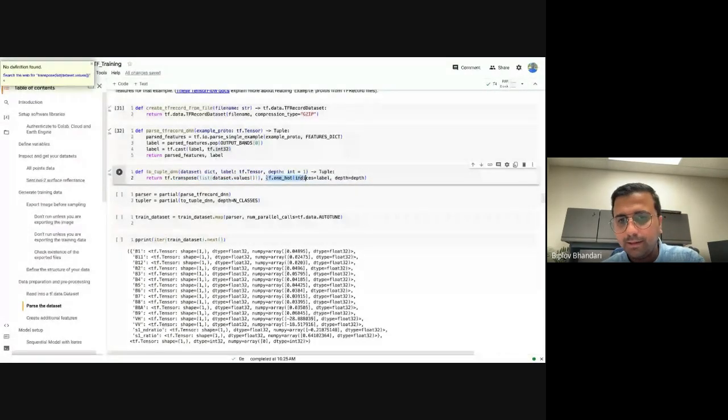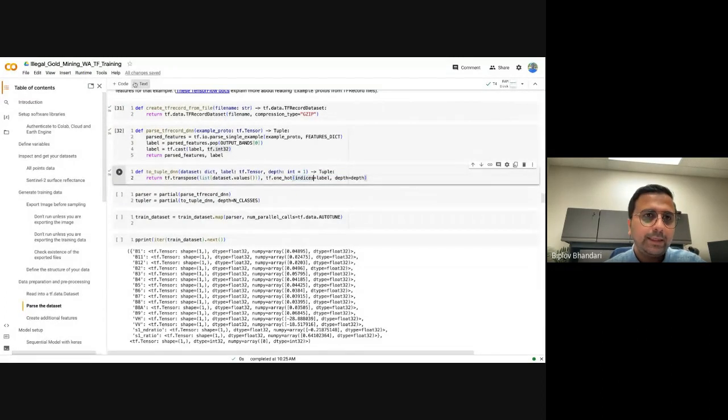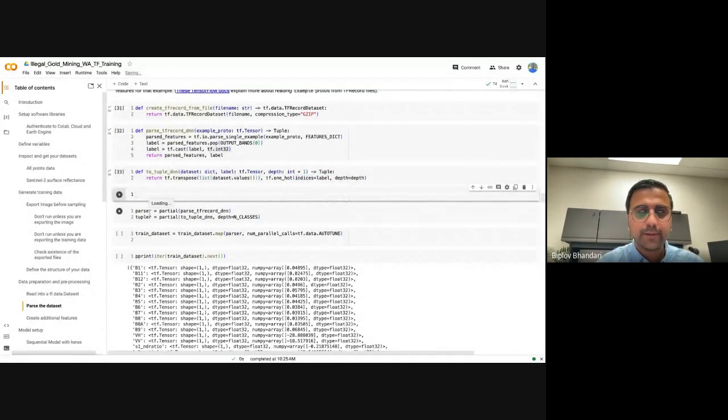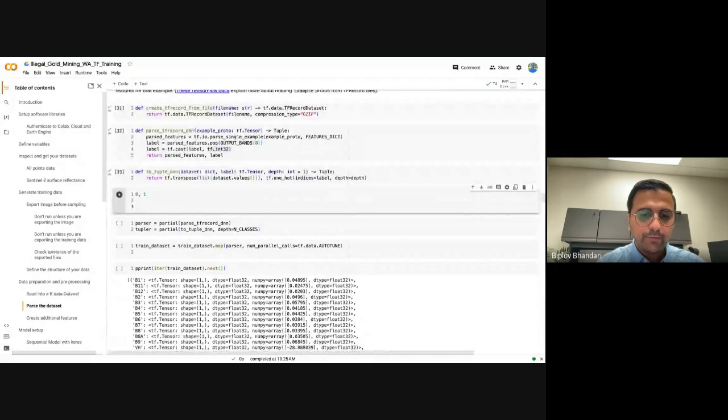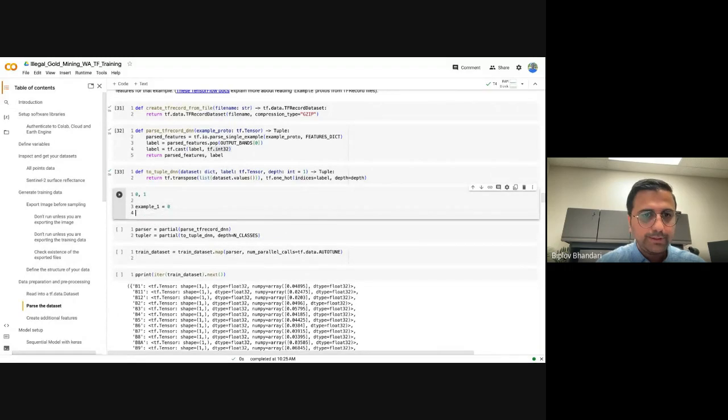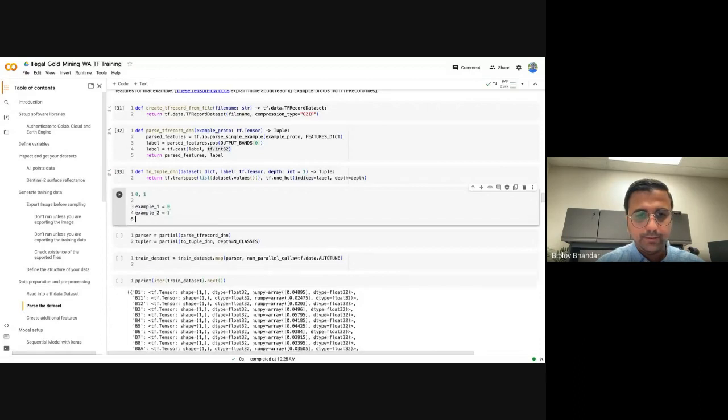And then here we are applying a one-hot encoding. So for example, let's say you have two classes, same as what we're dealing with here, 0 and 1. Let's say you have one example which has a label of 0, and another example which has a label of 1.